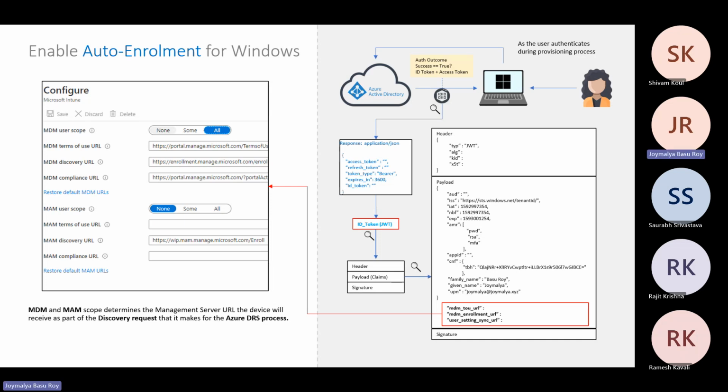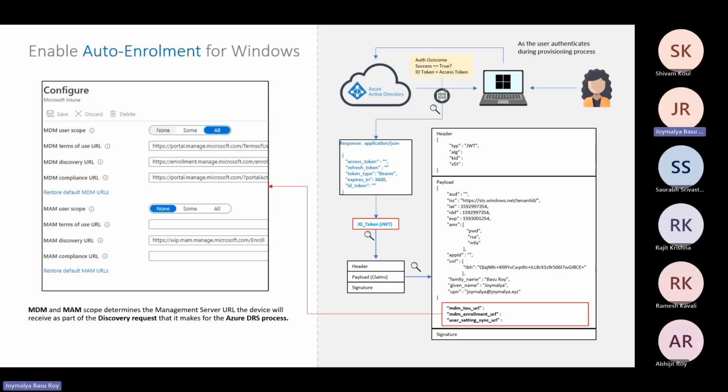So if you do not configure the MDM user scope, or say your MDM user scope is none, then the MDM enrollment URL parameter will not have any value in it. So it will be null. The device will not go for any enrollment because it does not have an enrollment URL. This is how the settings you do in here affect how your devices are getting provisioned.